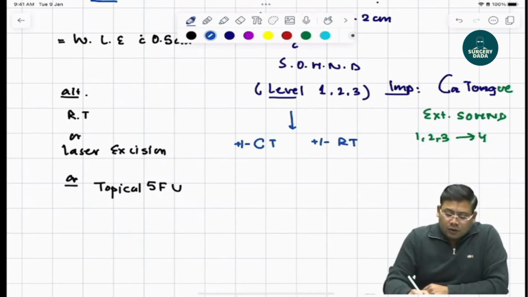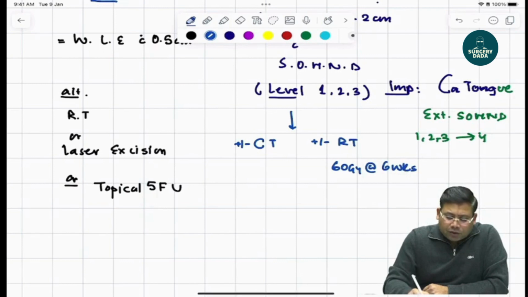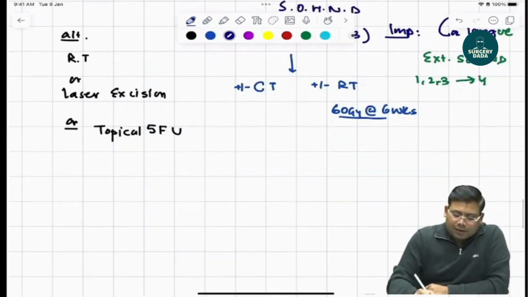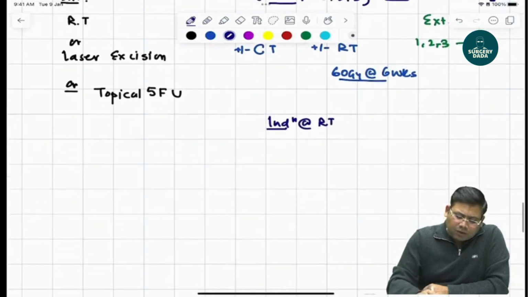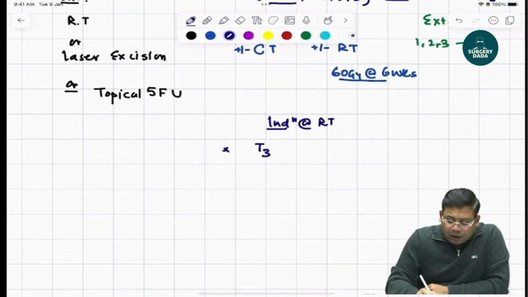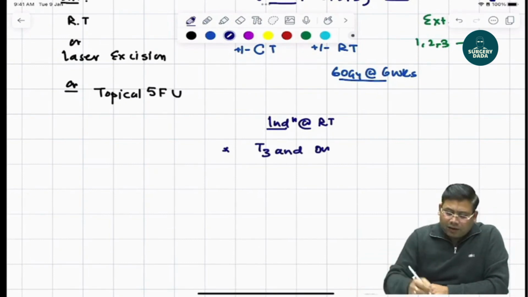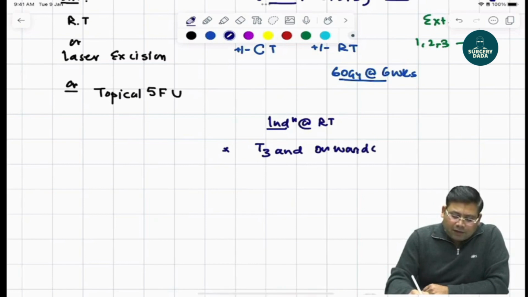So radiotherapy is 60 grays over 6 weeks. Do all the patients require radiotherapy? Let us understand. What are the indications for radiotherapy? This is very simple. Remember, T3 and onwards, this is one thing. The second very important thing is depth of invasion more than or equal to 4 mm.